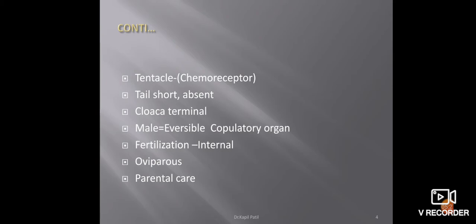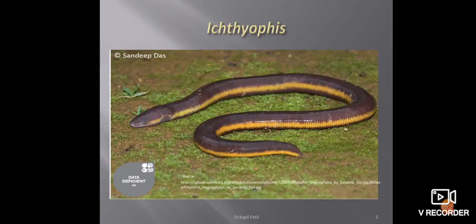Here is one beautiful image of Ichthyophis, limbless with a worm-like body. These animals are generally found in tropical regions like Sri Lanka, Philippines, Java, Mexico, Argentina, as well as some parts of India. Generally, these animals prefer a moist area.